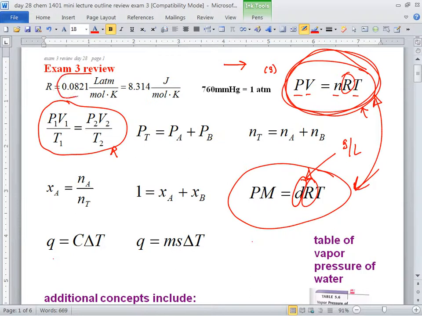Why is that the one that we've been using all this time, Paul? Why are we always using that one? Because of the units, exactly. It tells you what all the units got to be. Pressure in atmospheres, volume in liters, little n in moles, temperature in Kelvin. Temperature's always in Kelvin.